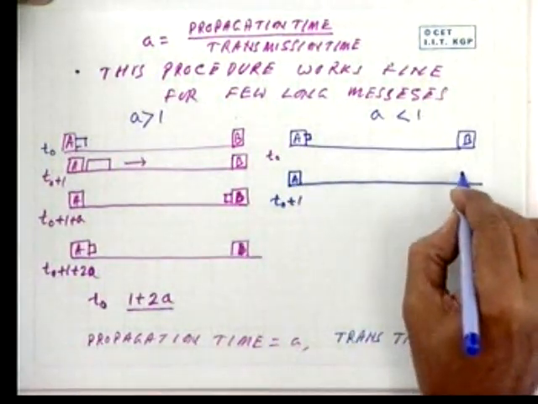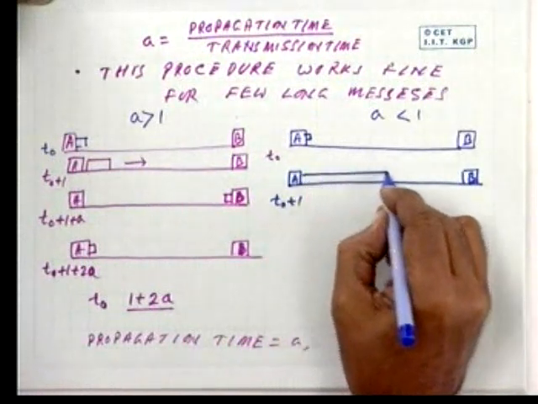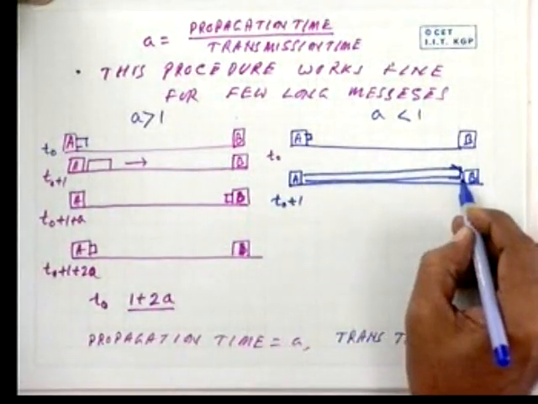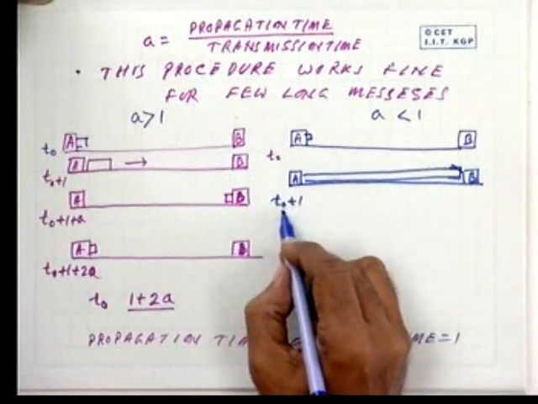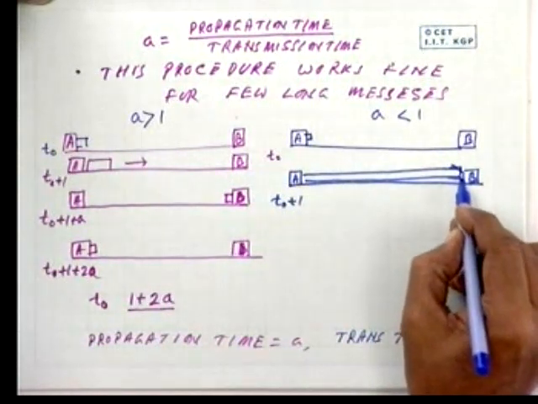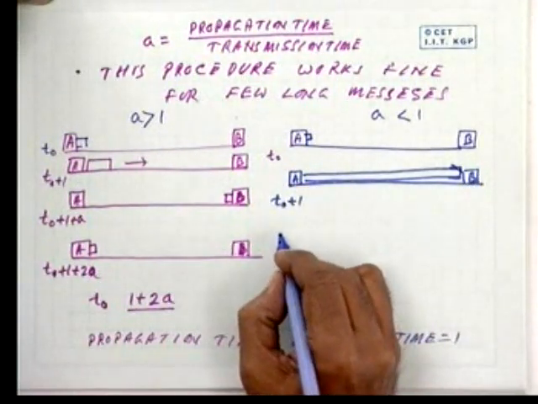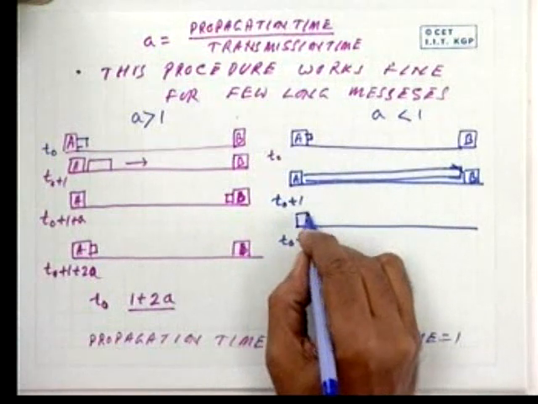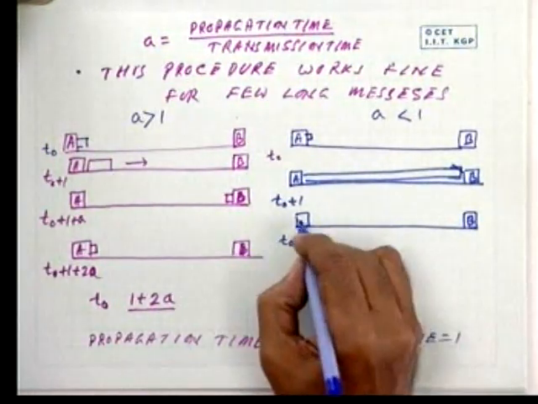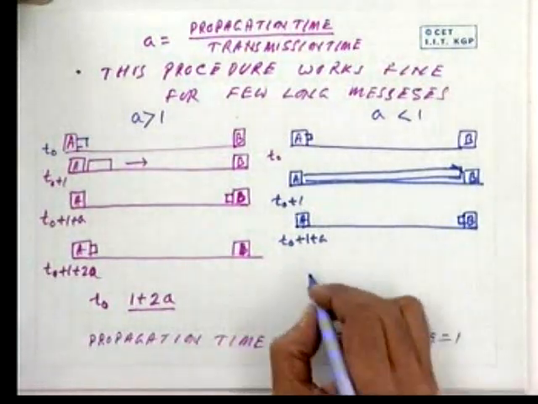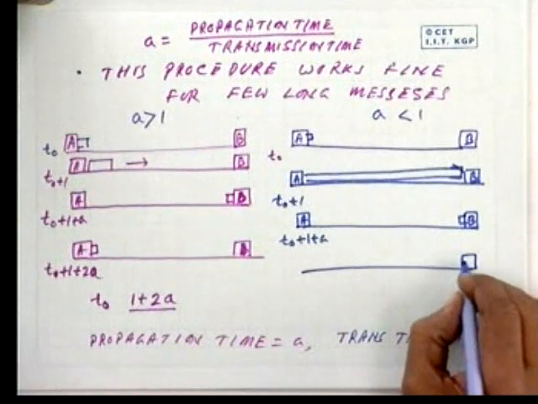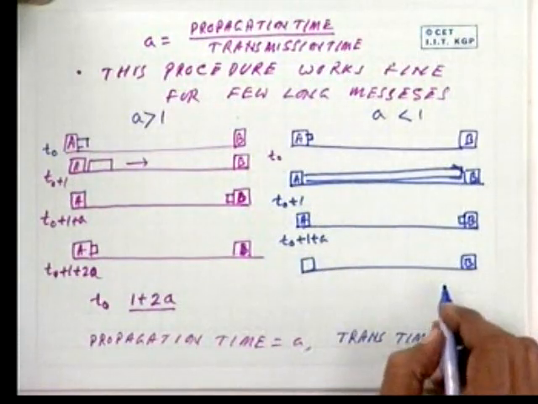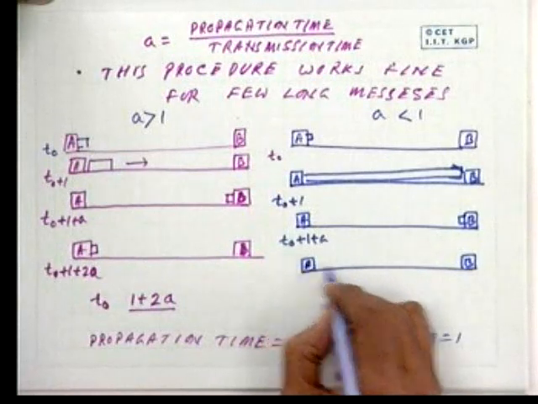In this case, say this is A, this is B. a is less than 1, so the packet is quite long compared to the propagation time, and at t0 plus 1, one end of the packet is received by B. Then at t0 plus 1 plus a, the entire frame is received by B. And then B sends an acknowledgement immediately after receiving the packet.